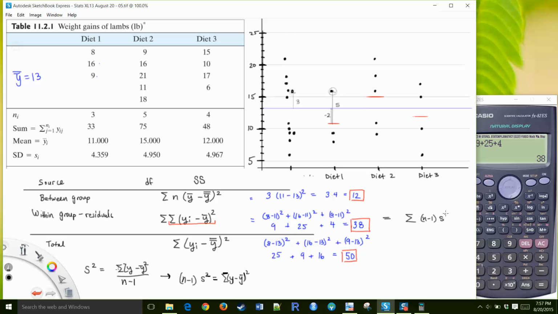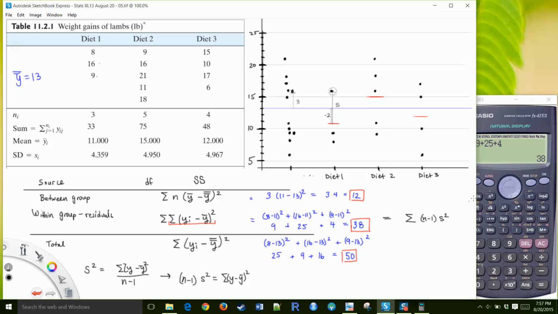Why wouldn't we need individual data points for the total sum of squares as well? You do need the individual data points for the total sum of squares. But when you do the work, you're really just going to go for the between group and the within group.